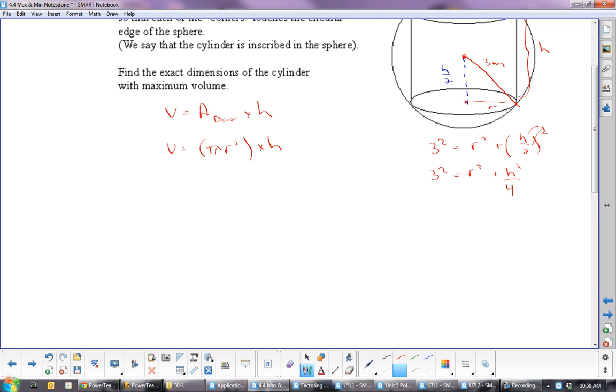Now, if we went 3 squared minus h squared over 4, that would equal r squared, right? So now this can replace all of that. So volume equals pi times 3 squared minus h squared over 4, all times h.